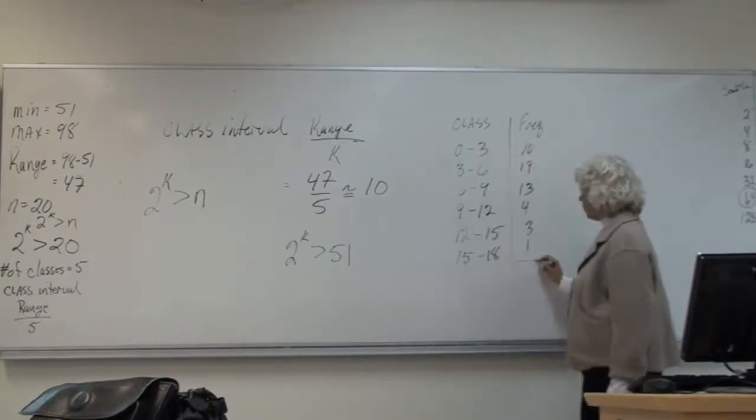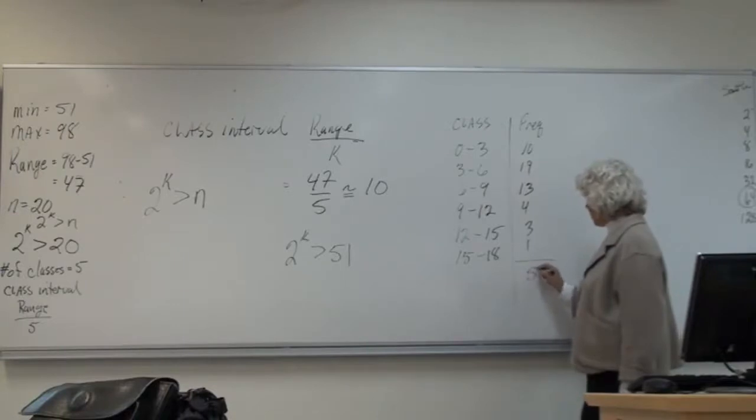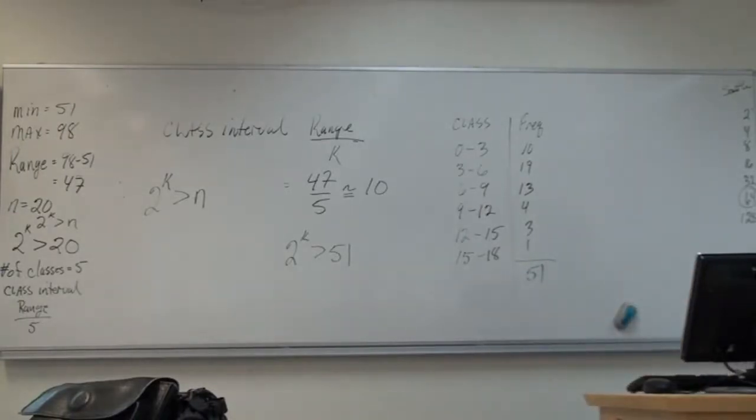And what will this total? 51. If it doesn't, it means that either I've missed when I've counted it, or I haven't got a class for each one of my numbers. In other words, it's not exhaustive.